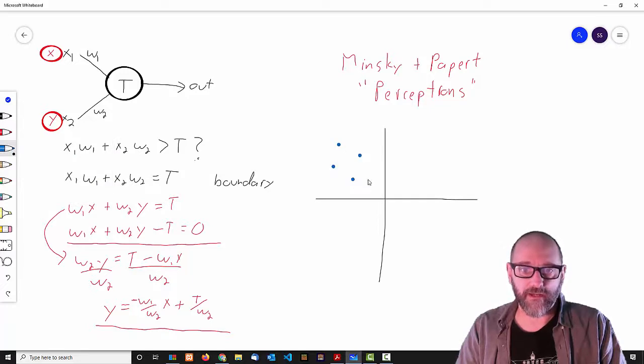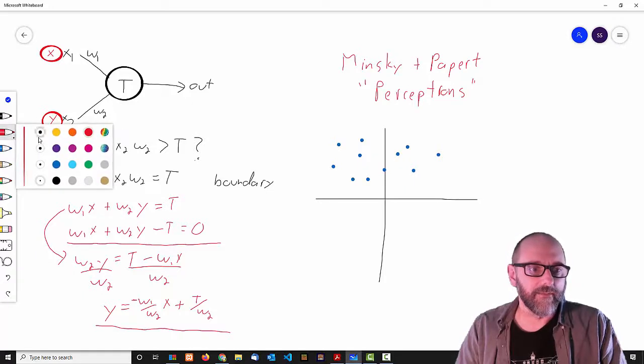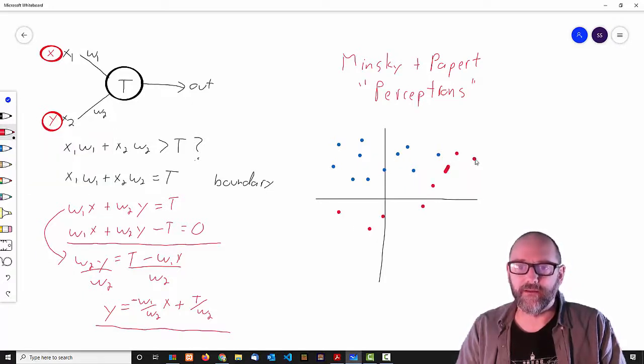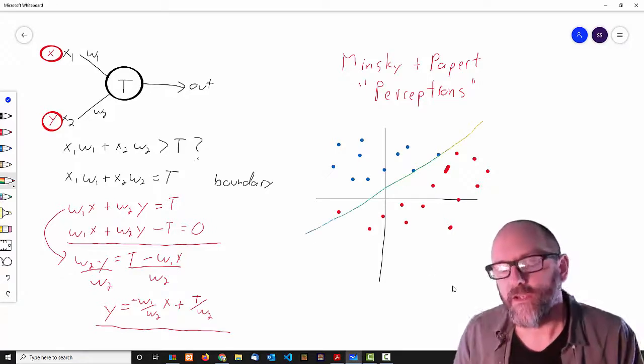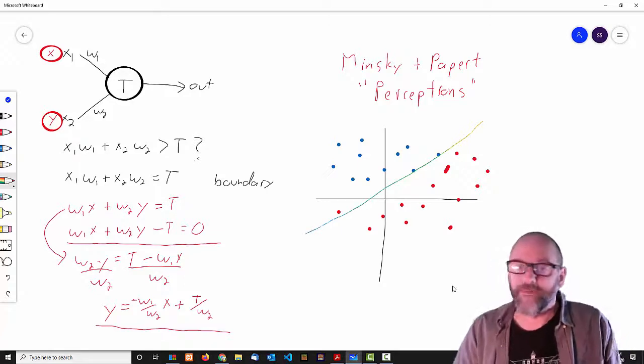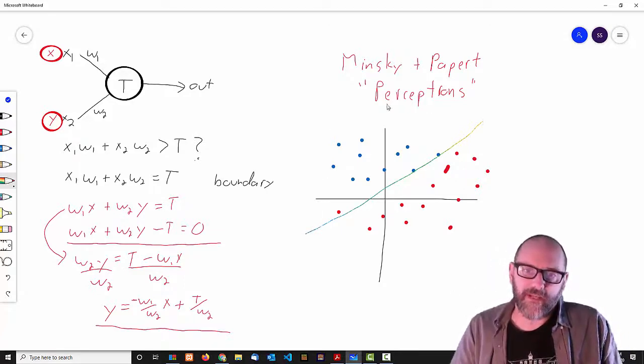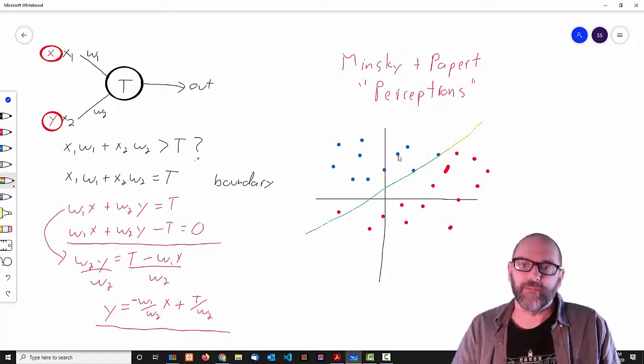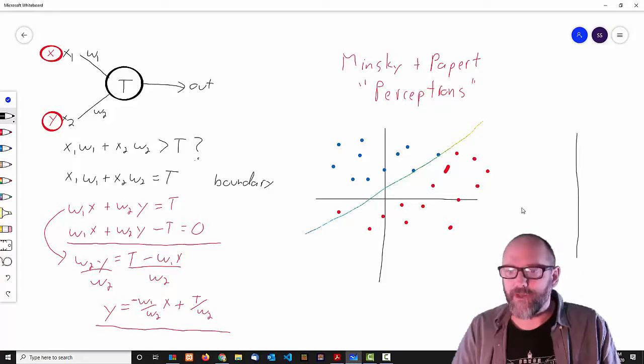So if I put a bunch of points out here, and I have my other classes down here, like that, then if I can draw a straight line more or less through these points, I know that line's not very straight, this is a more or less linearly separable data set. So if the data comes out like this in however many dimensions, so that you can draw a line through it and pretty much divide it into the two classes, then this is linearly separable, and your perceptron classifier is going to work just fine.